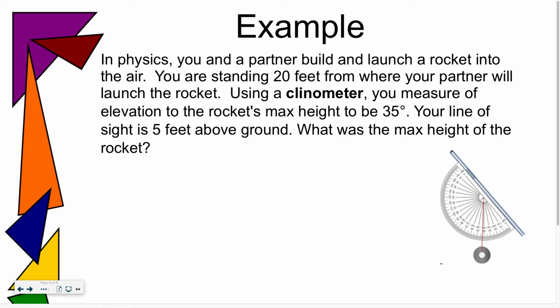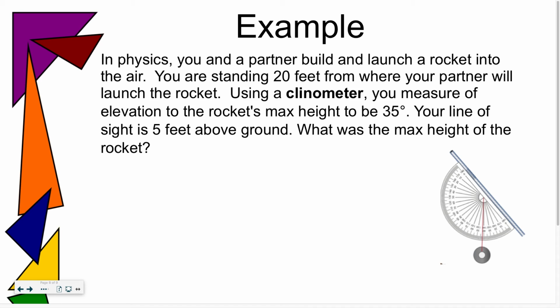So that's really handy. Okay, using that clinometer, you measure the elevation to the rocket's max height to be 35 degrees. Your line of sight is 5 feet above the ground because your eyeballs are 5 feet above the ground. Different for everybody at different heights. What's the max height of the rocket? I'm going to let you and your group, if you want to draw a picture like we did for the ladder, set something up, try to solve, and I'll put up my answer in just a little bit.